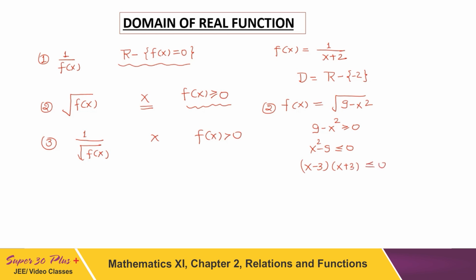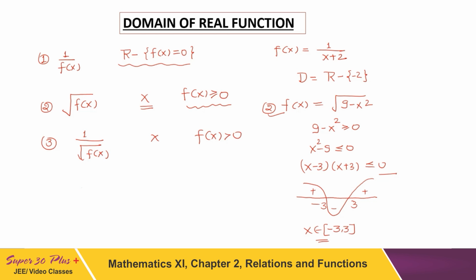Arrange the critical points on the number line in increasing order: minus 3, 3. A wave comes from this side and goes to this side. This region is plus, this region is minus, and your answer will be the minus region. Means x belongs to [minus 3, 3] will be the domain of this function.